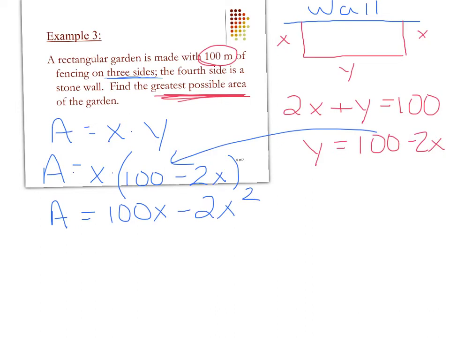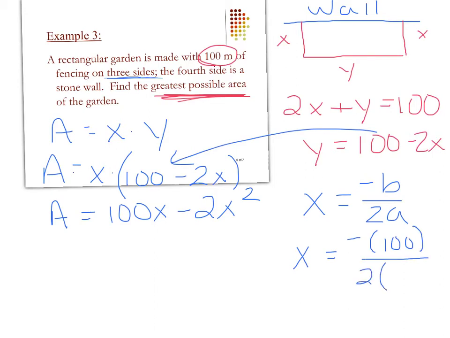And remember, you're trying to find the max possible area, so the value of x will be negative b over 2a. So I'll get negative 100 over 2 times negative 2.